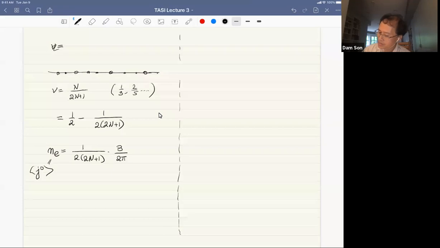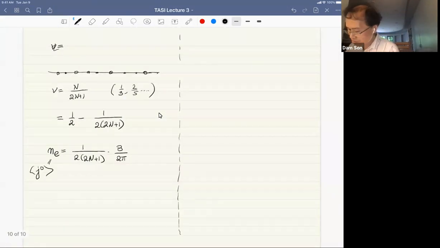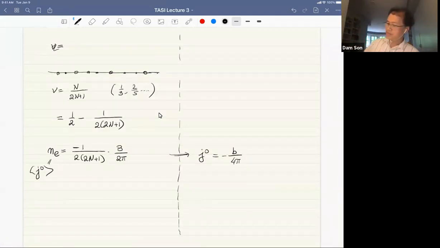And J0, we know, is equal to minus B divided by 4 pi. And that means B is equal to this thing times 4 pi, 1 divided by 2n plus 1 times B.